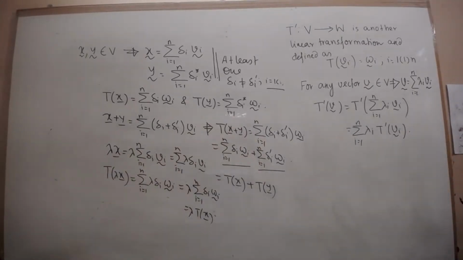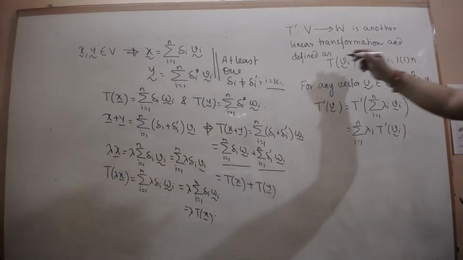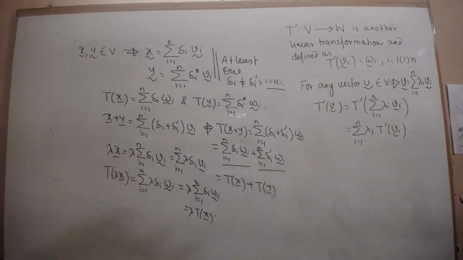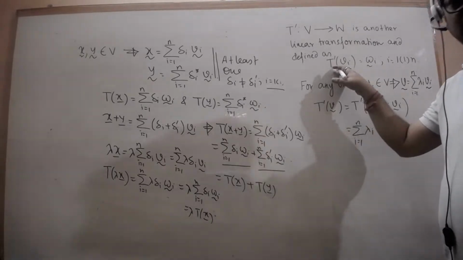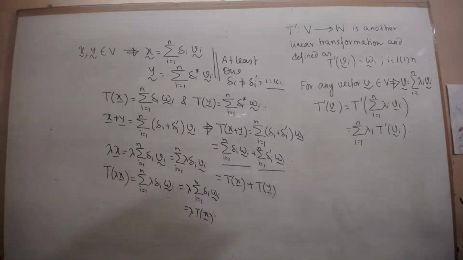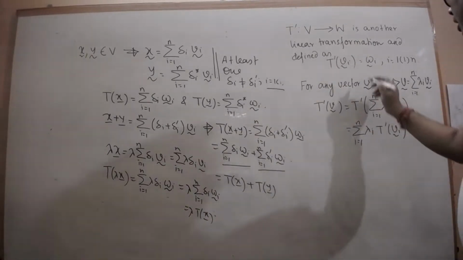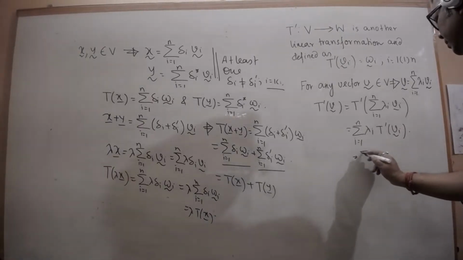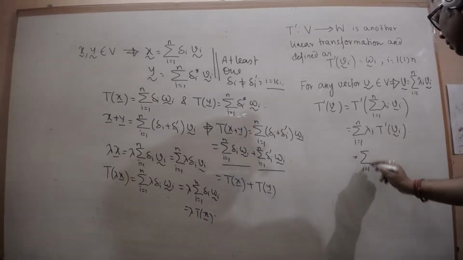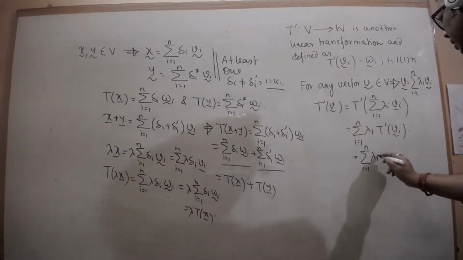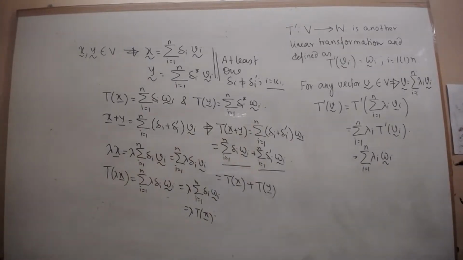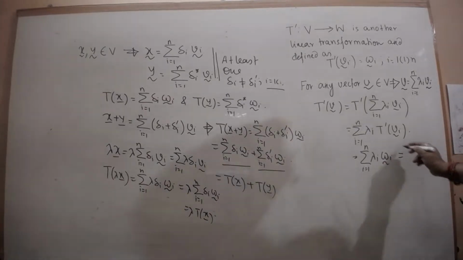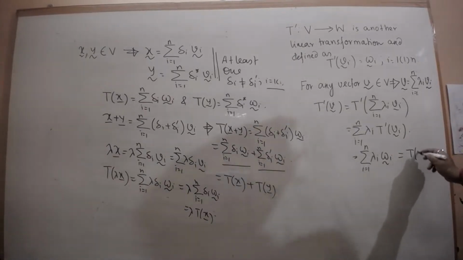Sorry, this is a T dash. Please correct this. This is a T dash, not T. So according to this definition, this is equal to the sum of lambda i wi curve, and I already defined this gives T v curve.